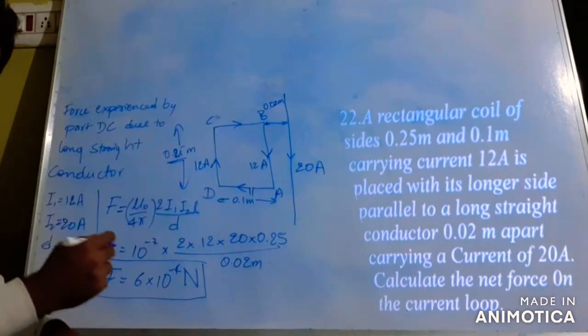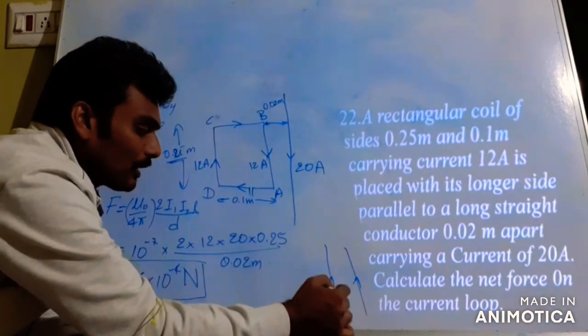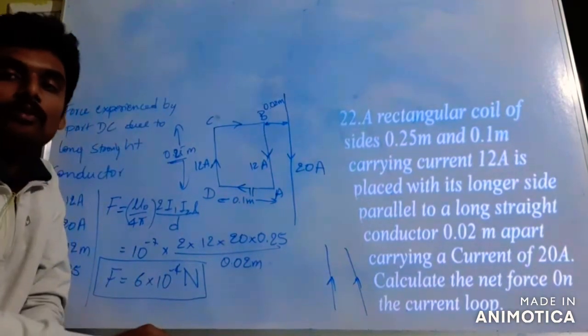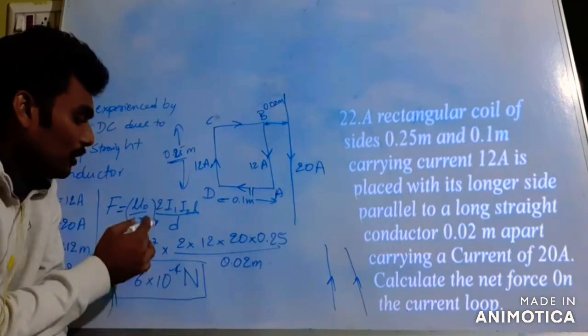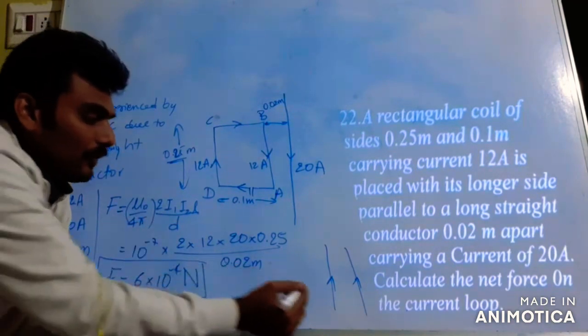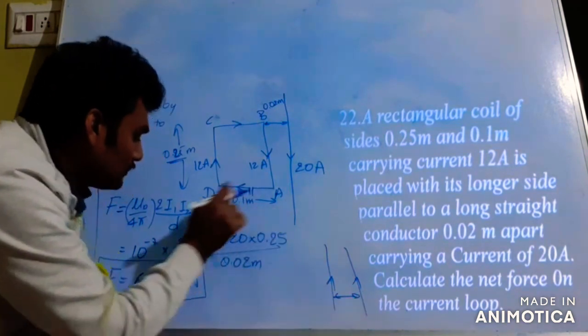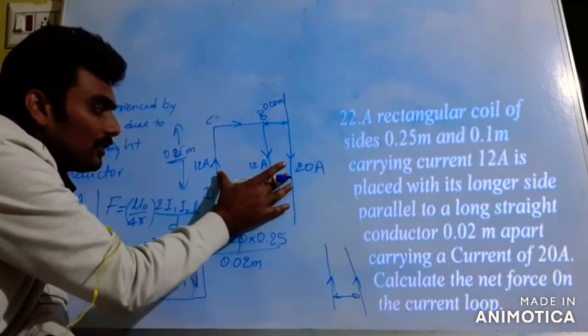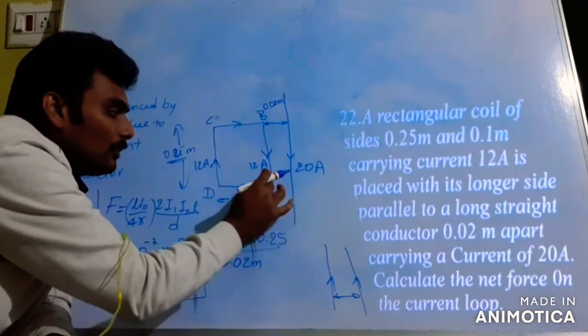You should remember the formula for force between two parallel conductors. There we obtained the formula for force per unit length, F by L, which was mu naught by 4 pi 2 I1 I2 by D. That D is the perpendicular distance of separation. Now we have three conductors, 1, 2, 3.